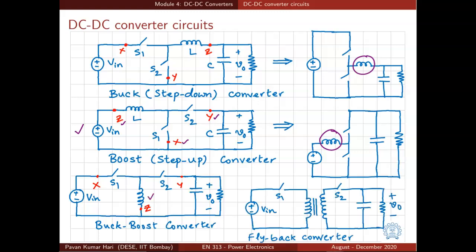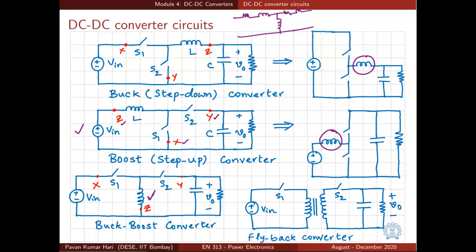We can replace the inductor in this buck boost converter circuit by a transformer. And why can we do that? Because if you recall the equivalent circuit of a transformer, it has series resistance, the primary resistance and primary leakage inductance, then you have a magnetizing inductance, then you have secondary resistance and secondary leakage inductance.